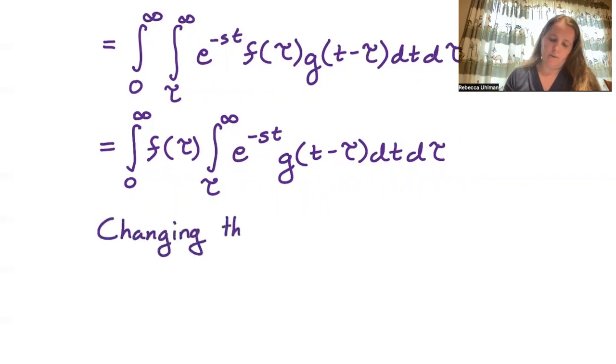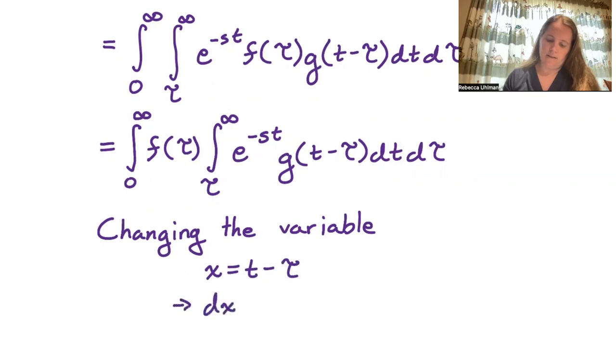So changing the variable, or doing substitution, let's go ahead and set x equal to t minus tau. Then we have dx is just dt. And we also have that t is equal to x plus tau.